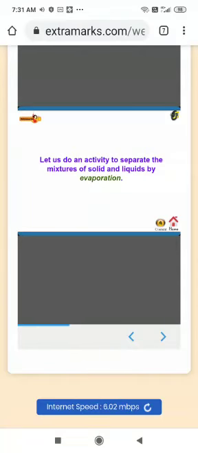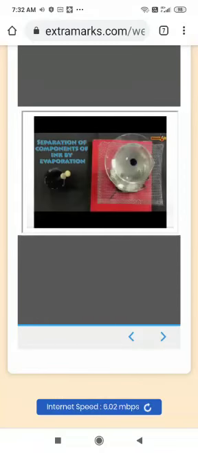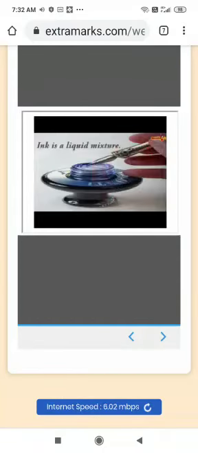Let us do an activity to separate the mixtures of solid and liquids by evaporation. The blue ink used in the fountain pens is a liquid mixture.